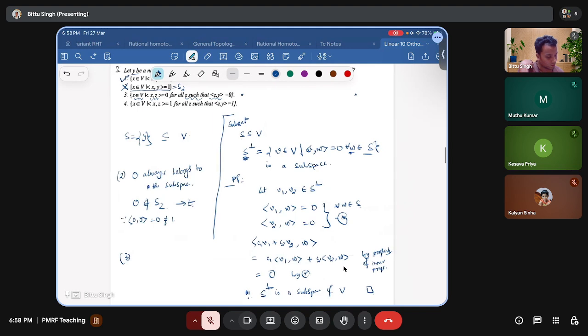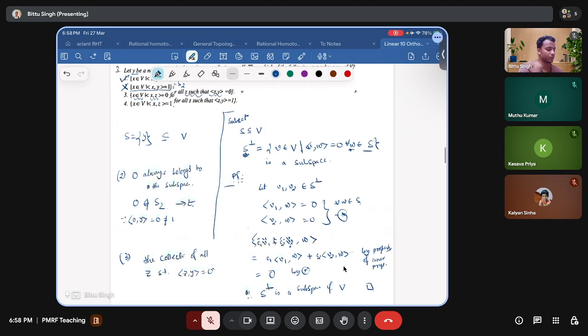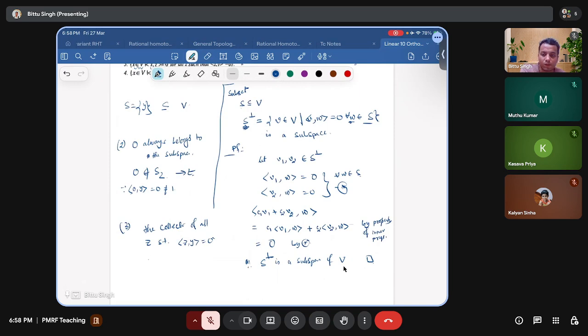Note that the collection of all z such that z inner product with y is 0, this is same as S perp. By definition, S perp is defined in this way, right?